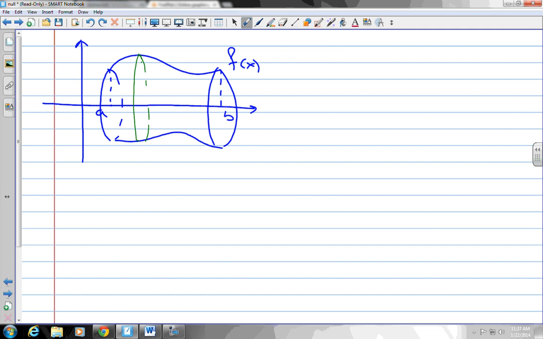If I just take a little slice in the middle, can you visualize what that kind of slice is? It's a little tiny, skinny, short cylinder, right? If I took this thing on the side, it's going to look like that.